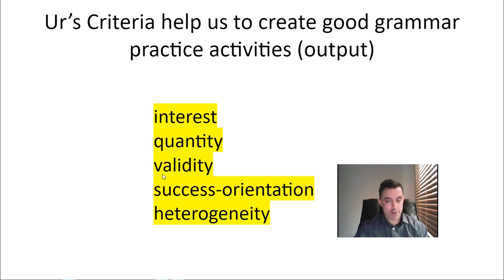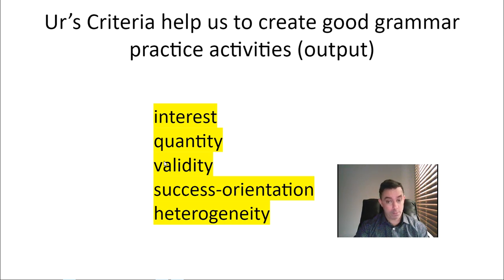Next, we have this idea of validity. Now, if you do the reading, it gets kind of complex and difficult to understand in the way it's described. Now, for our purposes, validity criterion is very simple. Okay, what that means is, are students really practicing what you think they're practicing? Right?